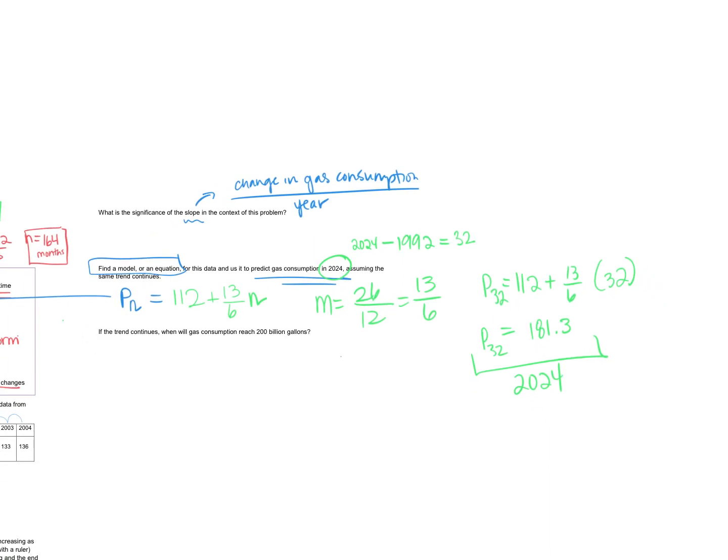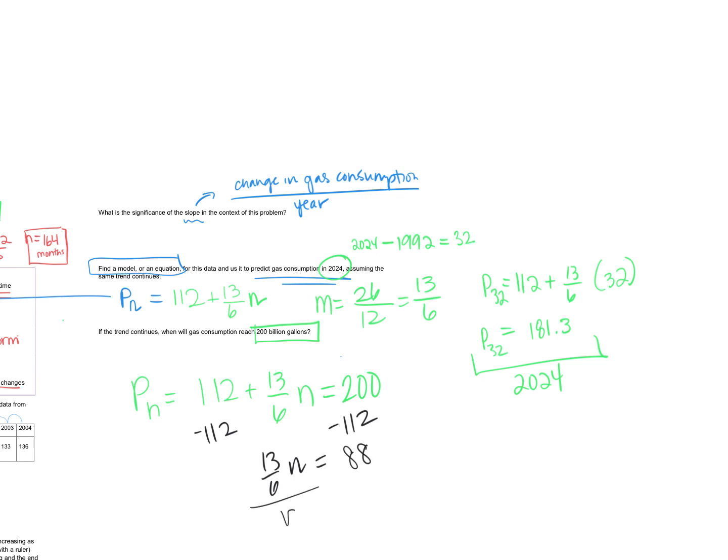So if we continue that trend, if we want to know when there will be 200 billion gallons, we can put in our P sub n equal to this 112 plus 13 over 6 n. Set this equal to that 200 billion and solve for n. If we minus 112, we get that 13 over 6 n is equal to 88. We can divide by 13 over 6, and we end up that n equals about 40.6.